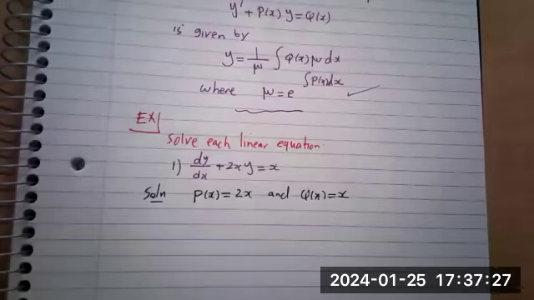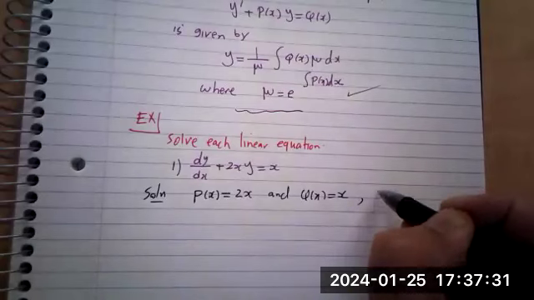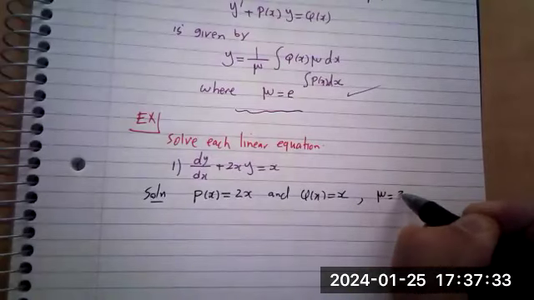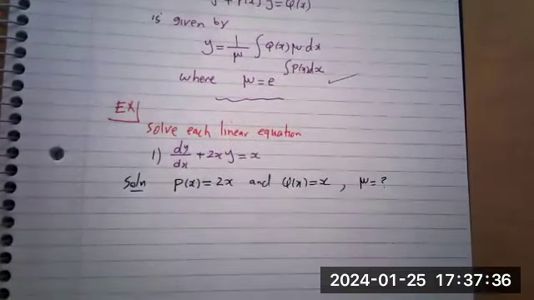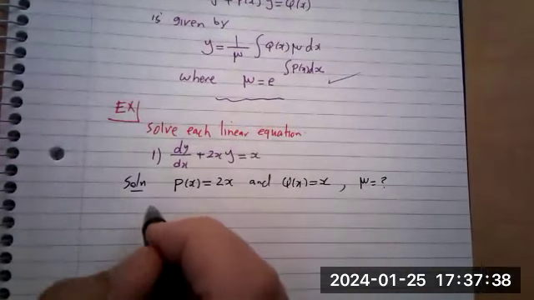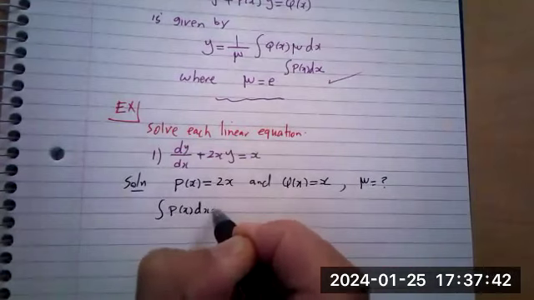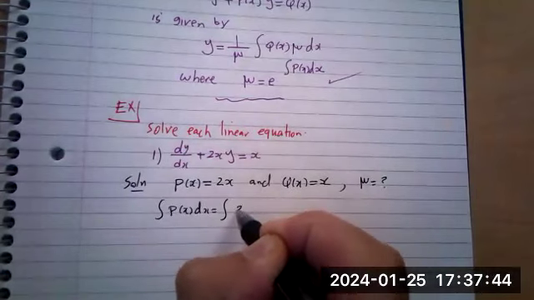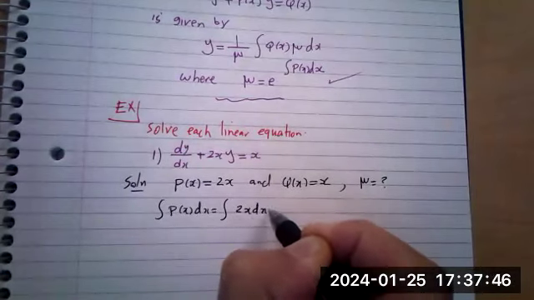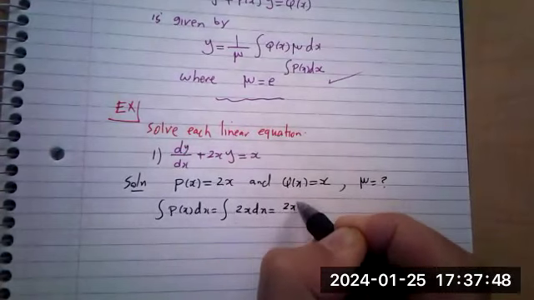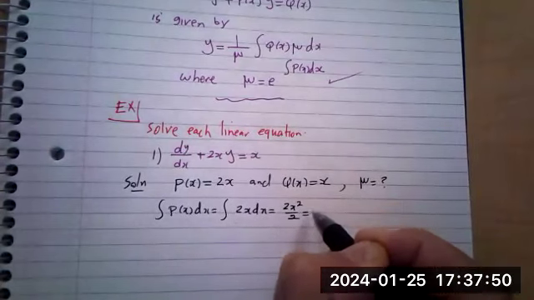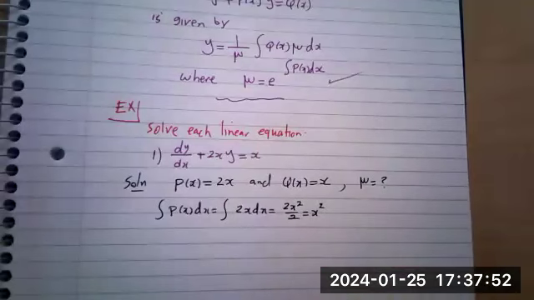Now we want to find the mu. So you have to find the mu first. In order to get the mu, you need the integral of p(x) dx. It's going to be the integral of 2x dx, and that gives you 2x squared over 2, which is x squared. Remember, no constant c here, because this is not the solution of the equation.